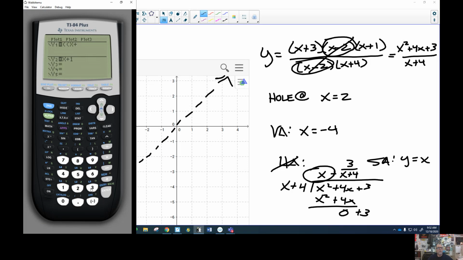X plus 3 times x minus 2 times x plus 1, and then close that top, and then divided by, on the bottom, x minus 2 times x plus 4.